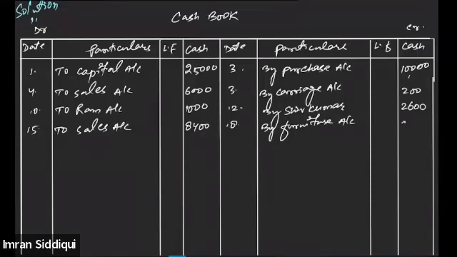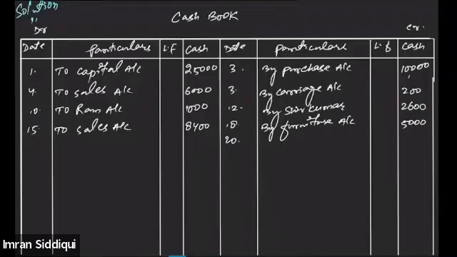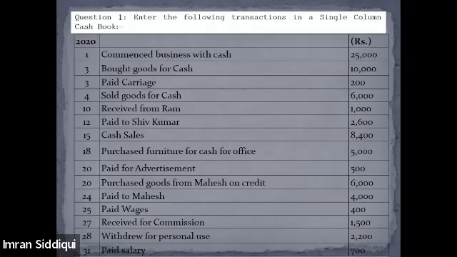Amount was 5,000. Okay. After that, on 20th, paid for advertisement. So on 20th, by advertisement account. Okay. And amount was 500.